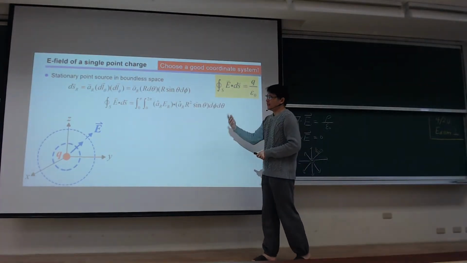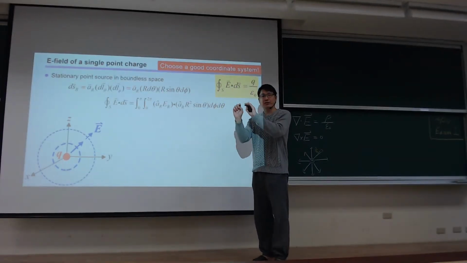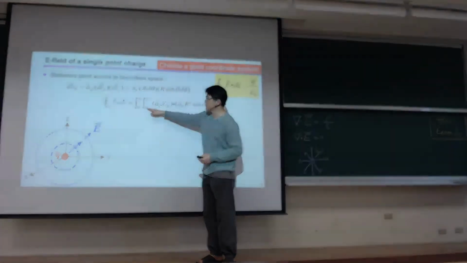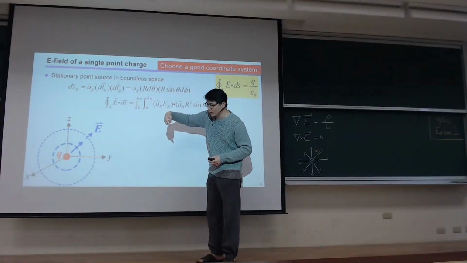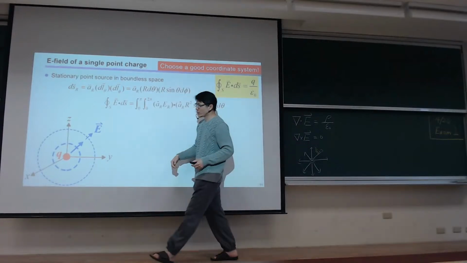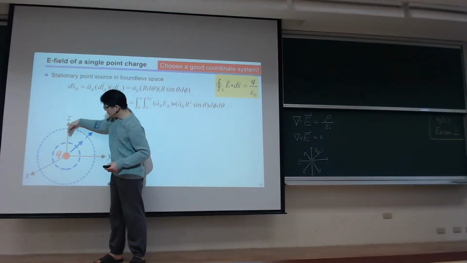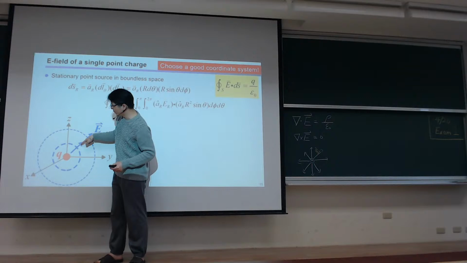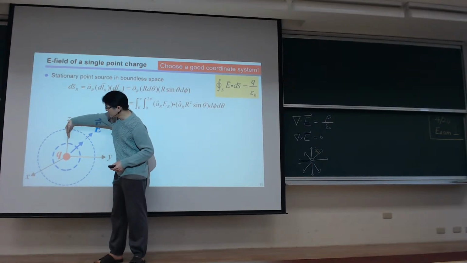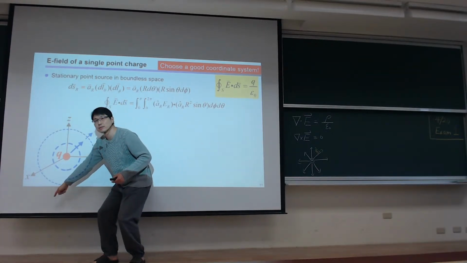To properly integrate over the entire spherical surface, the integral for phi is from 0 to 2 pi, right? 360 degrees. But for theta, in the spherical coordinate system, theta is the angle of your radius to your z-axis. So theta only spans from 0 all the way to pi.